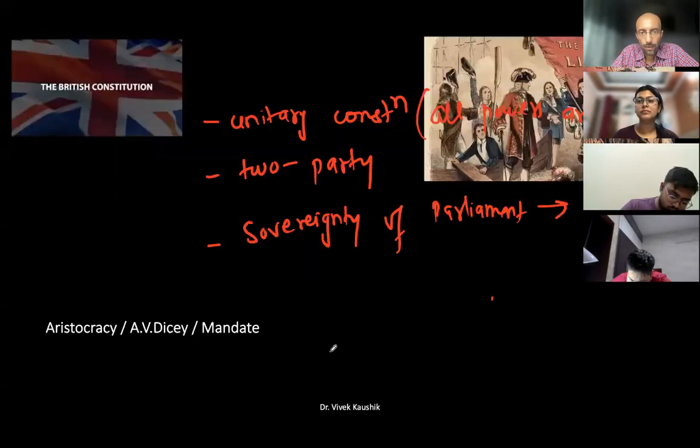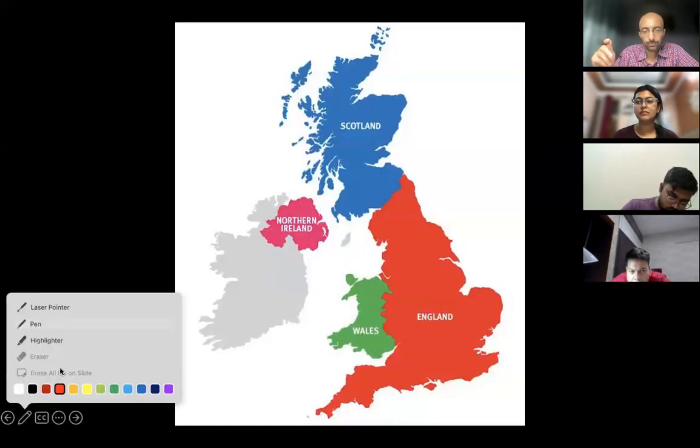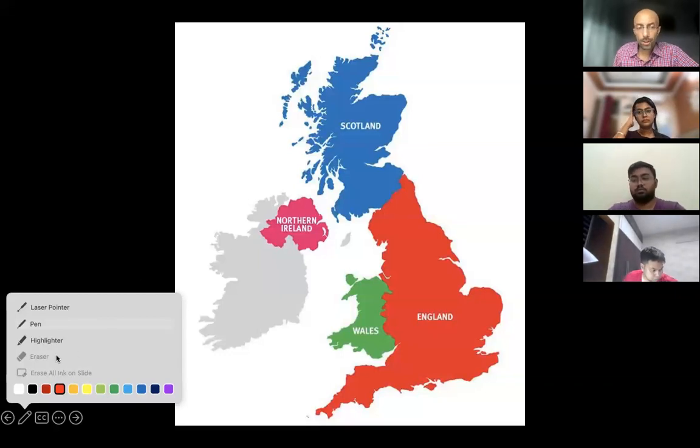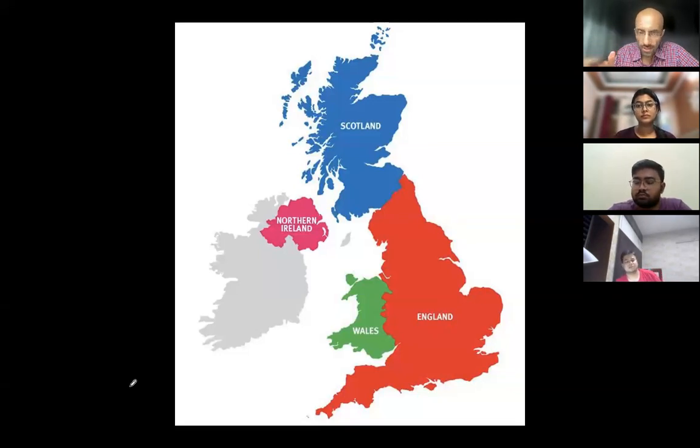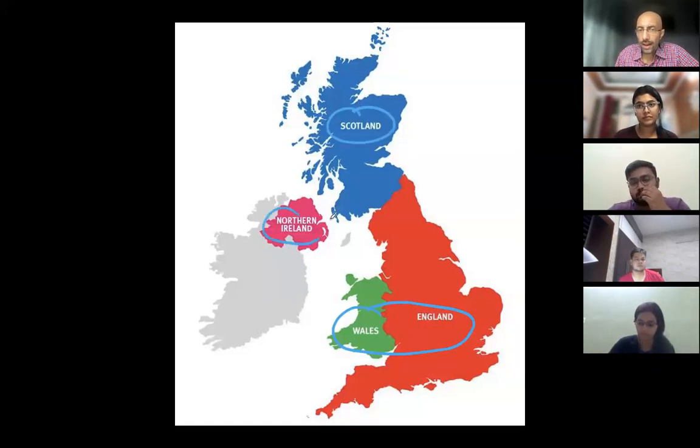Now see, if we look at the British judicial system, then Britain has three separate judicial systems. One judicial system is of Wales and England together. The second judicial system is of Scotland, and the third system is for Northern Ireland. So it's like three parallel systems of judiciary. On top of the three, we have the British Supreme Court.